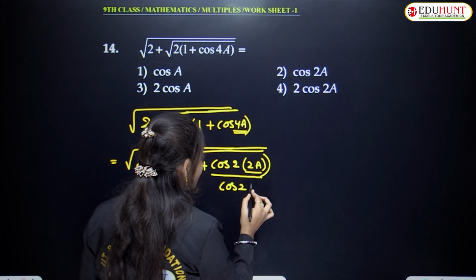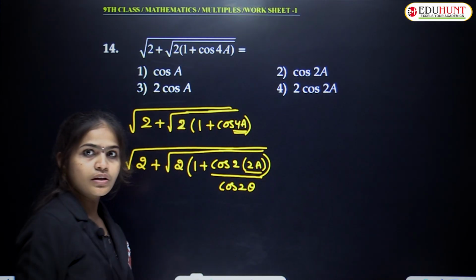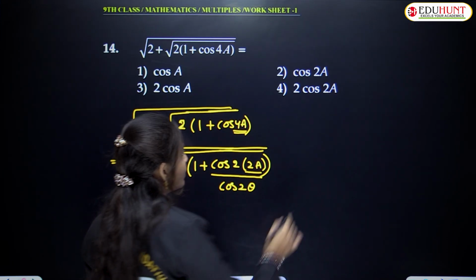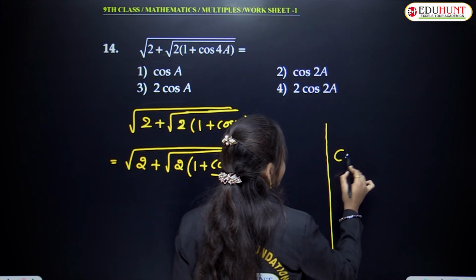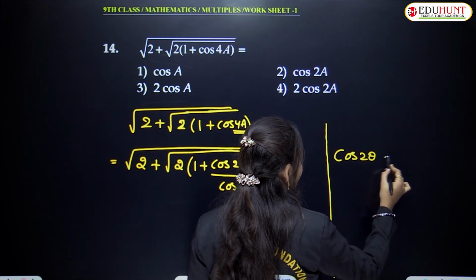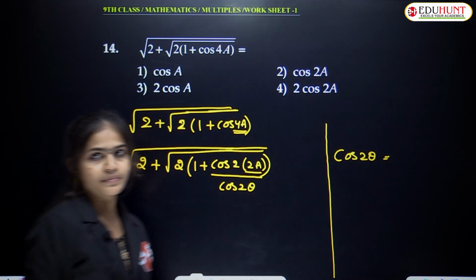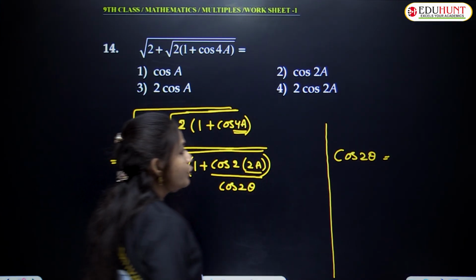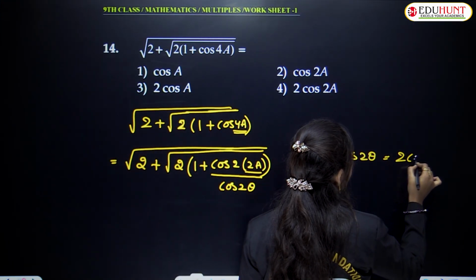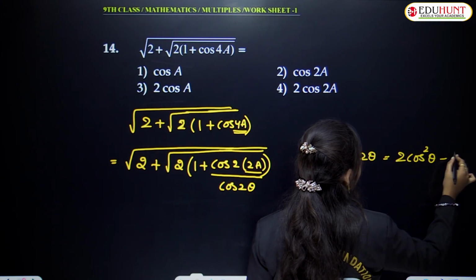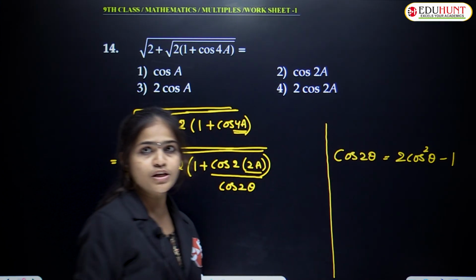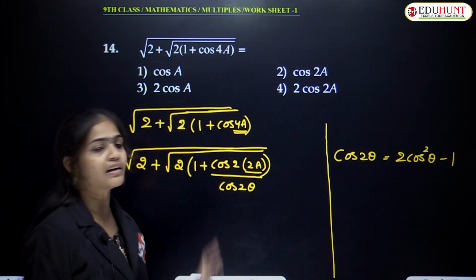Consider the 2a totally as theta. Now, what is the cos 2 theta formula in terms of cos? 2 cos square theta minus 1, in terms of cos only. Why? Because everything here is in cos only, no?